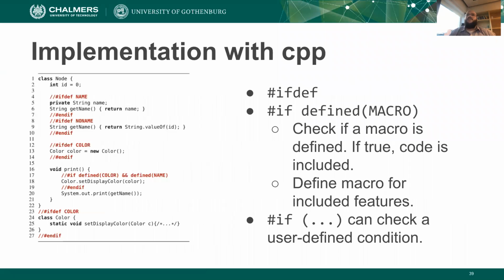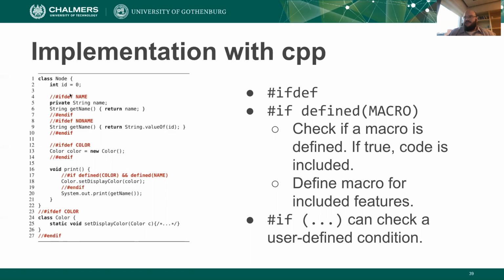Okay. So here we have an example. And like I said, this is actually some Java code. This actually isn't C code. It just is a useful example. But it basically is the same thing we would be doing otherwise. We have three features: name, no name, and color, right? And we check that those are defined by checking that there is a macro with that name defined.